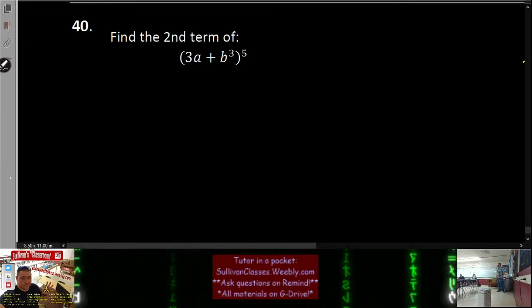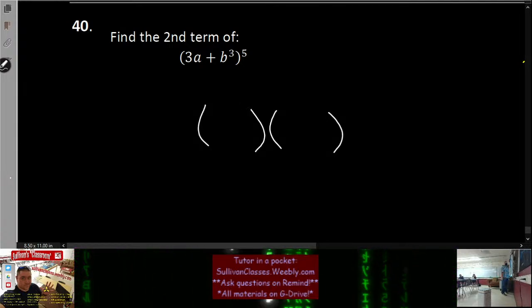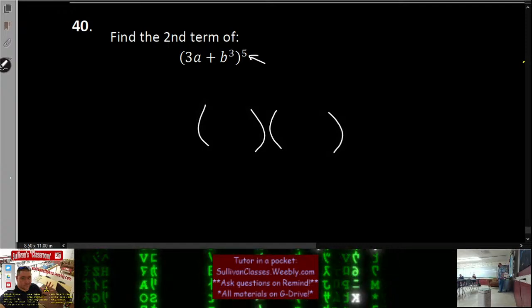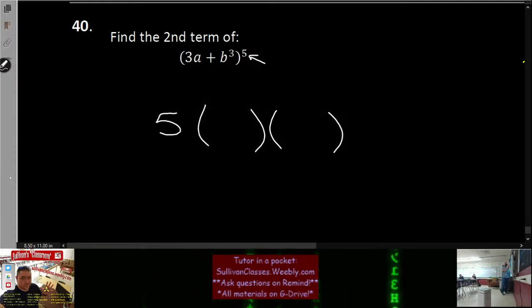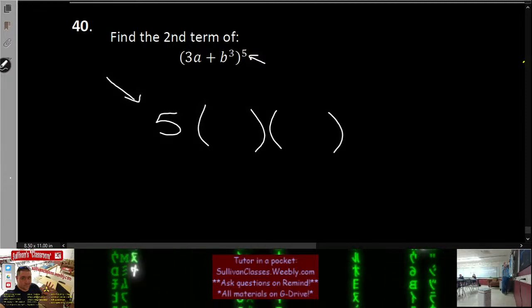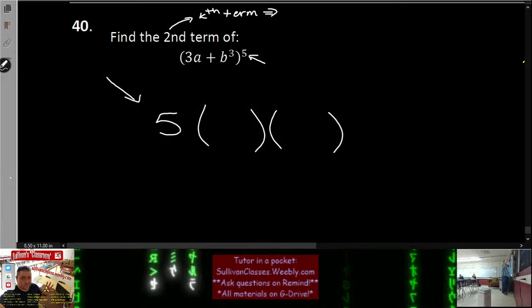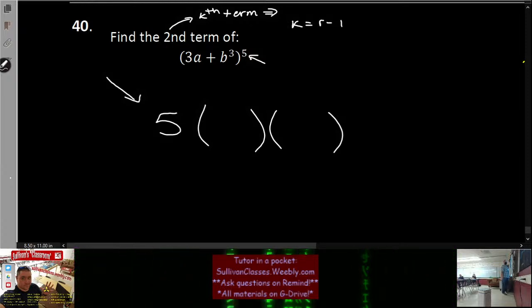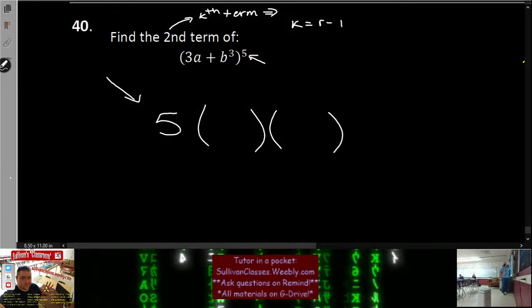And the binomial theorem. Specifically, find the second term. So I go to the 5th row of Pascal's triangle. The second term starts with a 5. If I don't want to do that, I can also say that if I'm finding the kth term, r is k minus 1.